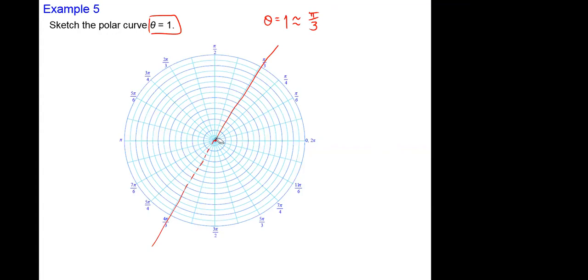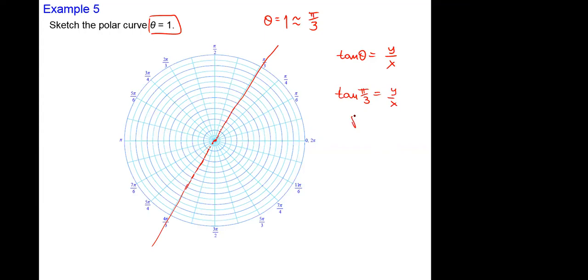And now if the radius could have any value, the distance from the pole could be any value, 1, 2, 3, 4, 5, 6, any number, or -1, -2, then I will cover the entire line. That means this is simply a line. And we can even find the Cartesian equation. I will use this: tangent theta is y over x, which means tangent pi over 3 is y over x.